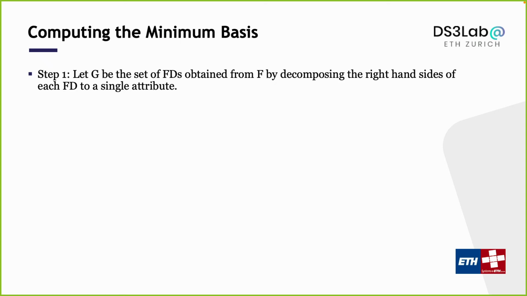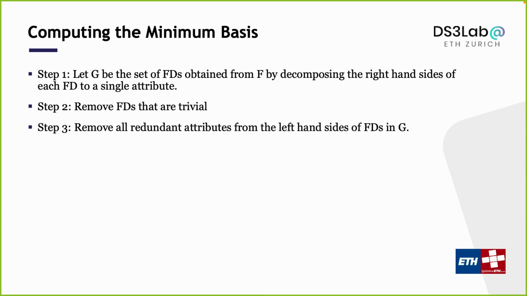So let's say G is that set. The second step, you remove all the functional dependencies that are trivial. What do you mean by trivial? The left-hand side is a superset of the right-hand side. Okay? So that functional dependency is trivial. You remove all of those.